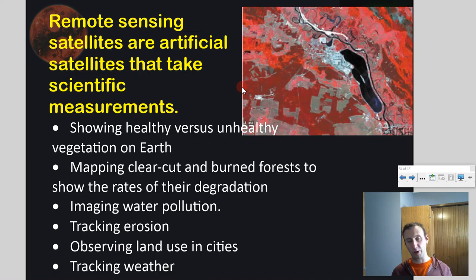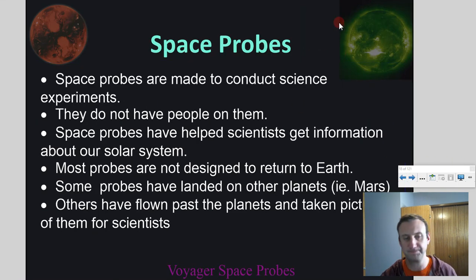They can track erosion throughout the Earth, observe land use in cities, and track weather. So satellites are incredibly useful in order to figure out what's happening with the health of our Earth and to track different things that are occurring. So they are neat.